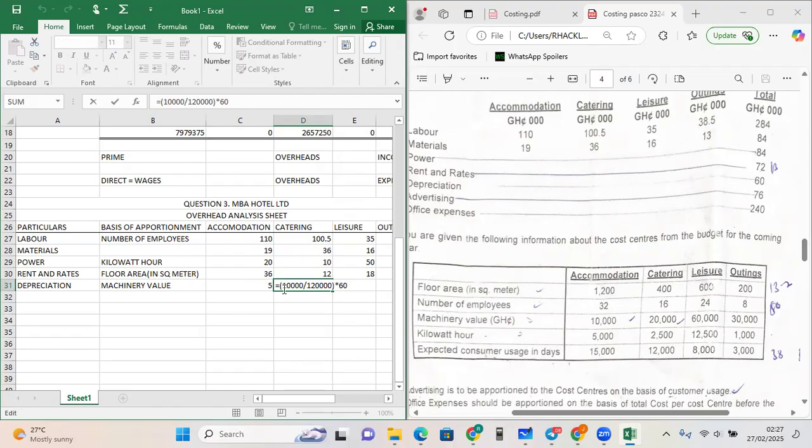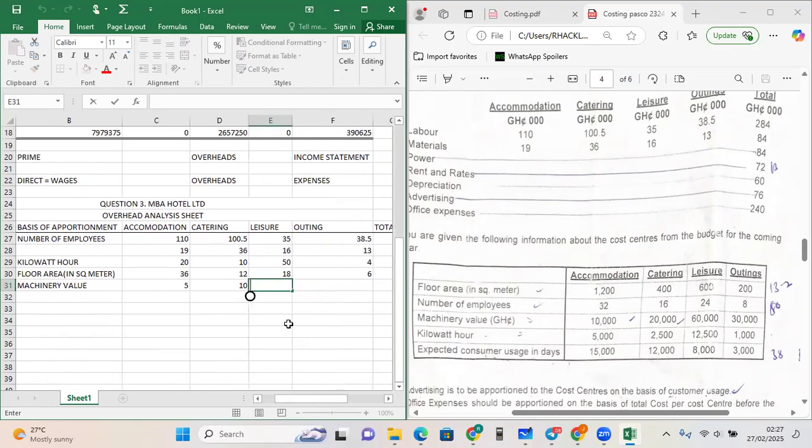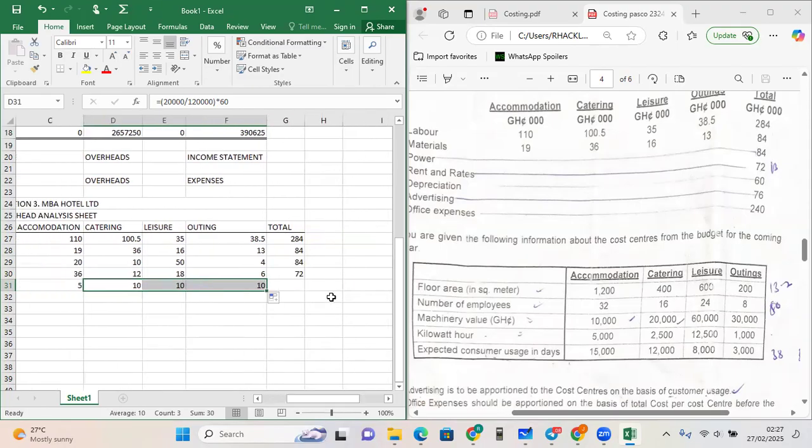This one is going to be 20,000, getting 10. And this one is going to be the next one.